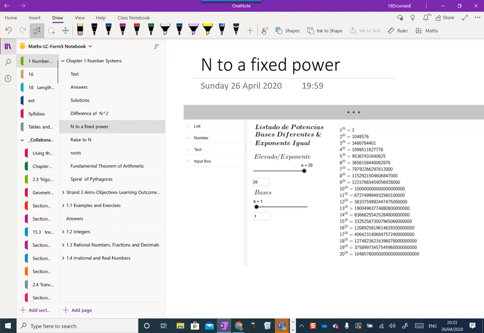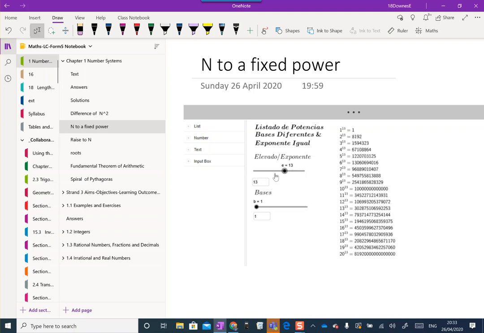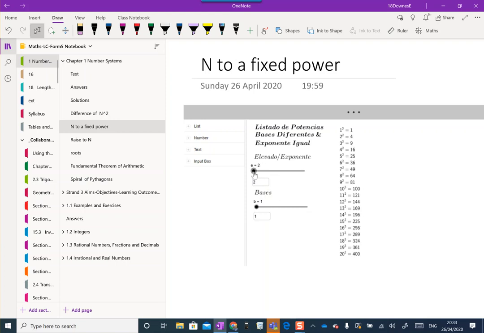So for instance, take 2 to the power of 1, 2, 3. So there's a base. Yeah, so if you want 1 to the power of 5, 2 to the power of 5, etc. Of course, the ones you'll be most interested in is, say, when that's set to 2, when that's set to 3.